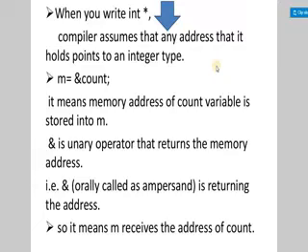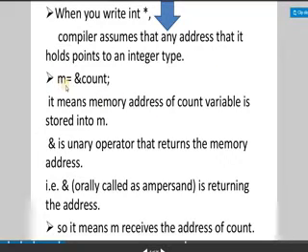That means whatever address we store in the pointer variable, at that address there will always be integer type data. As in this example, consider m as a pointer variable equal to address of count. Count is an integer type variable.